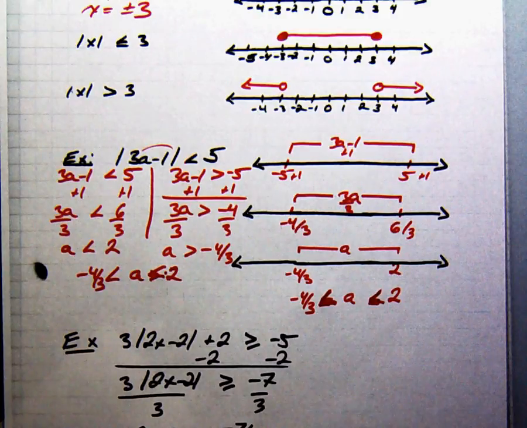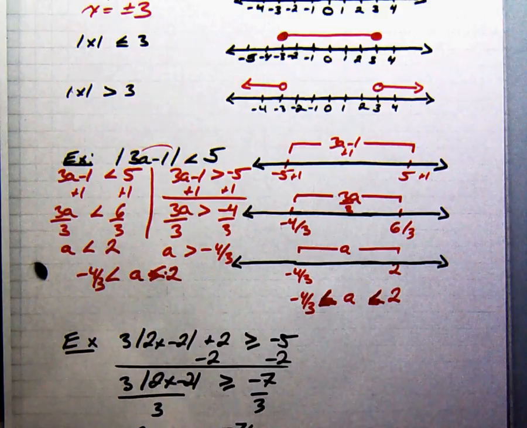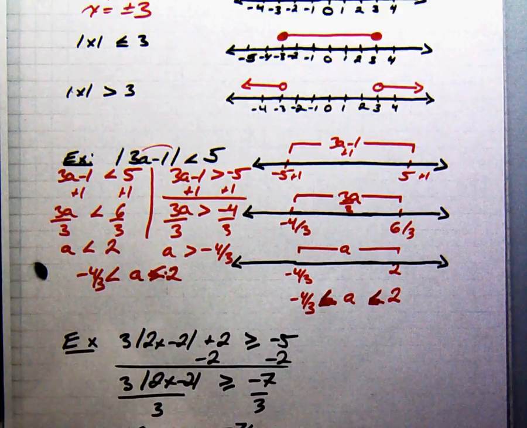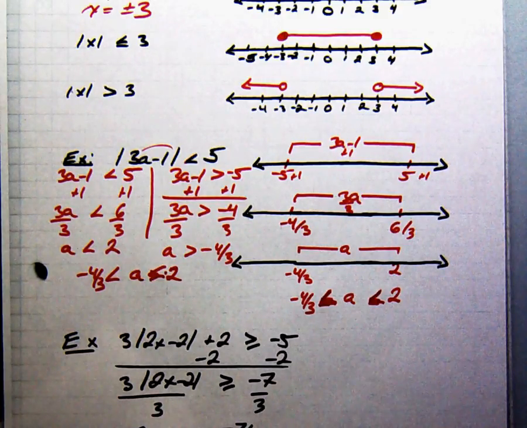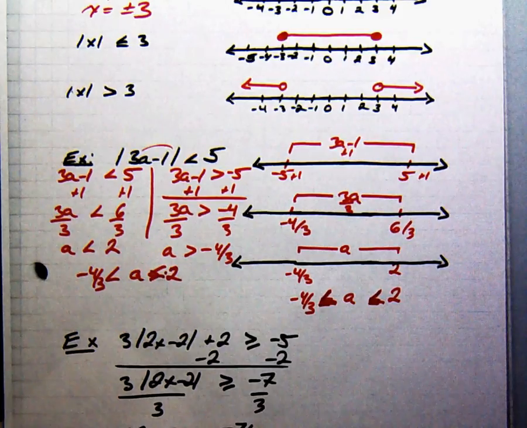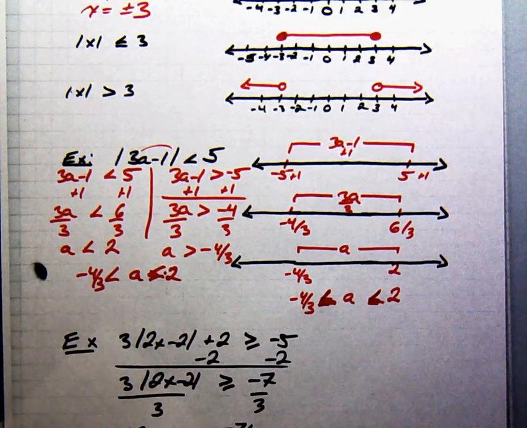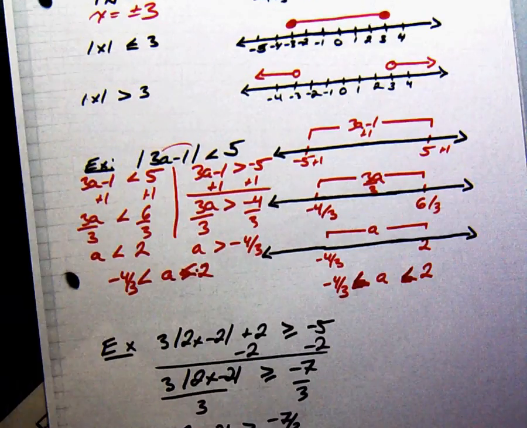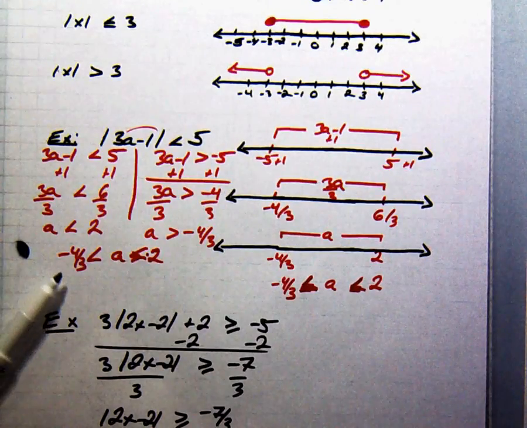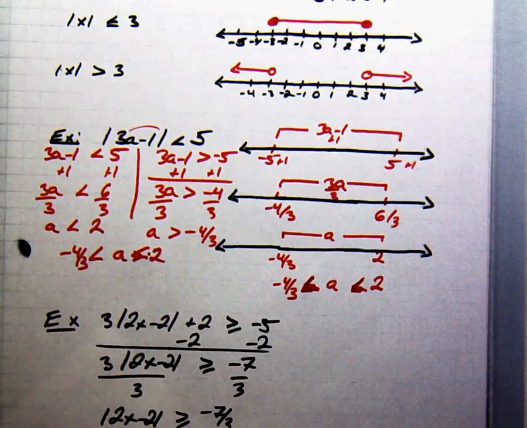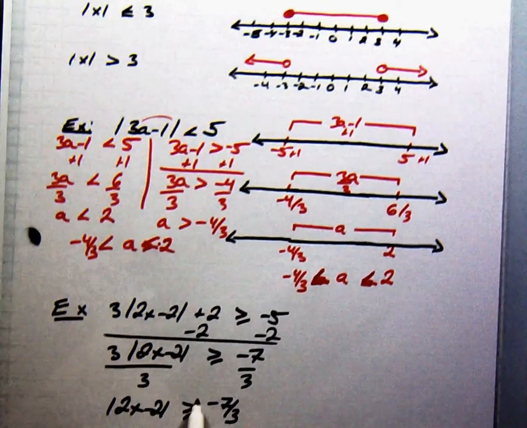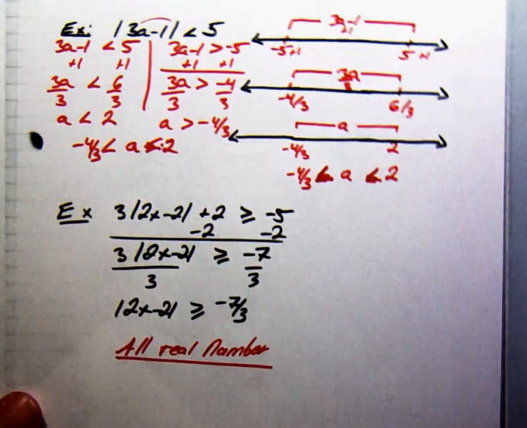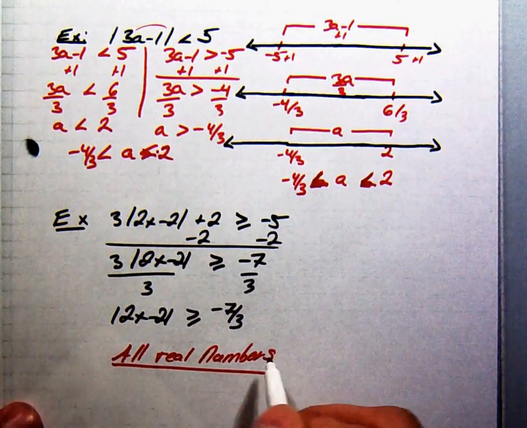Every number on the real number line has a distance away from 0 that's greater than or equal to 0. So any number in these bars will work. So this solution is all real numbers. Don't have to do any more, because distances are always bigger than 0 or 0 themselves.